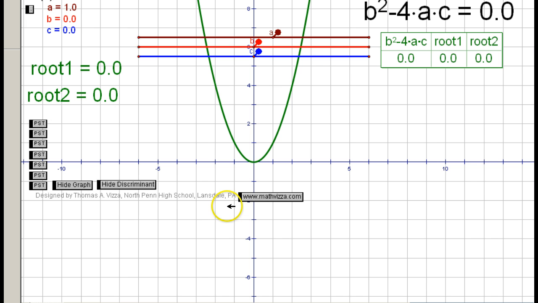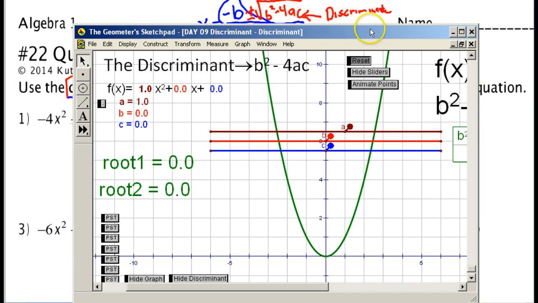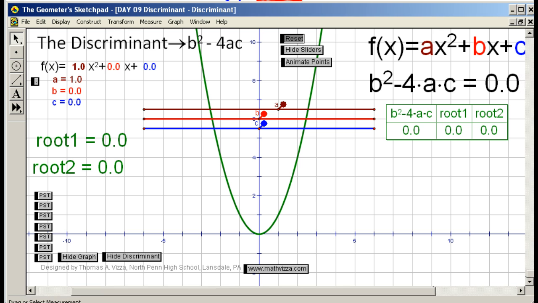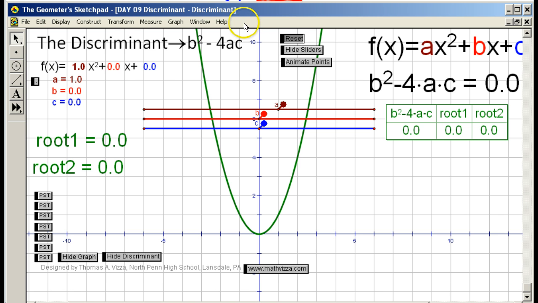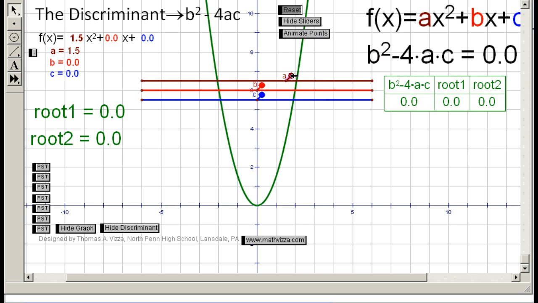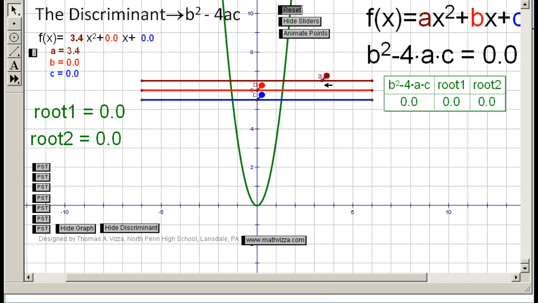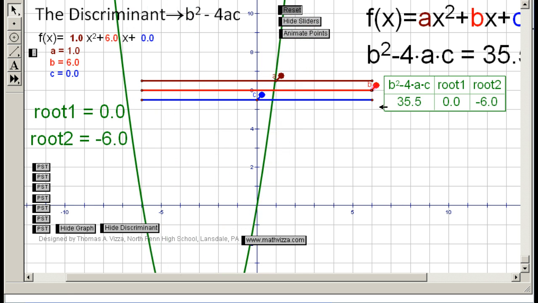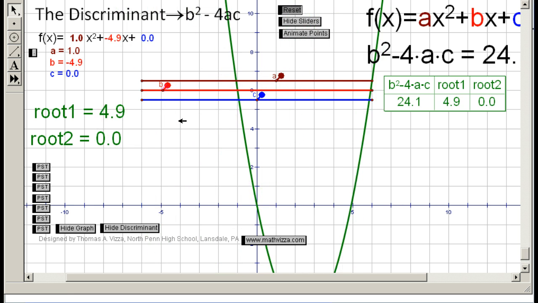So we looked at a couple different situations. If I just change A or B, you notice that does not change the calculation of b squared minus 4ac. If I change B, you can see there's two x-intercepts.